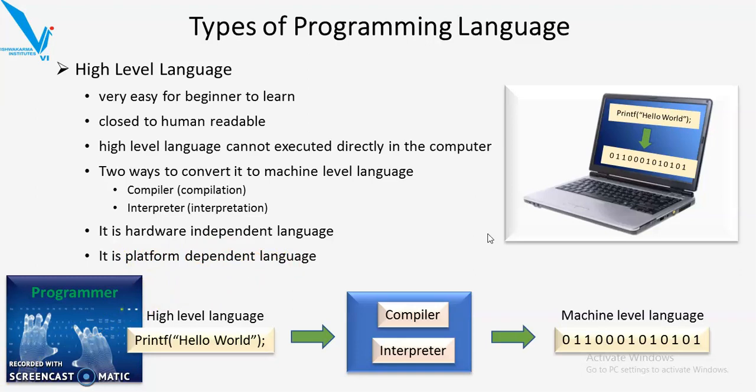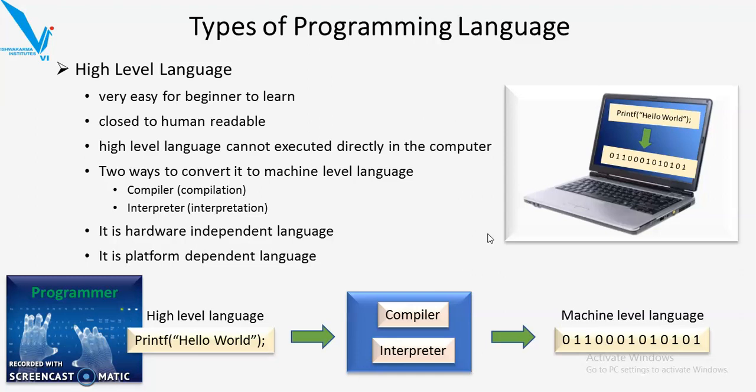Machine level and assembly languages are low level languages, as the programmers can easily access computer memory and directly work with the data. But with most of the high level languages, programmers can't directly access the memory and work with the data.